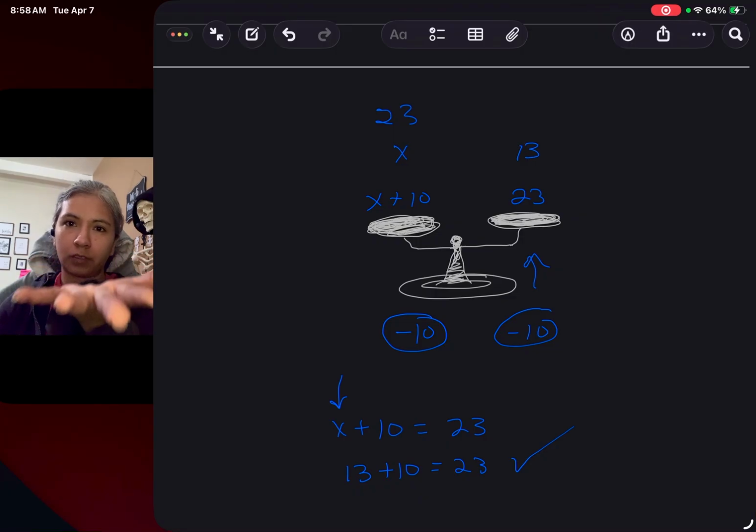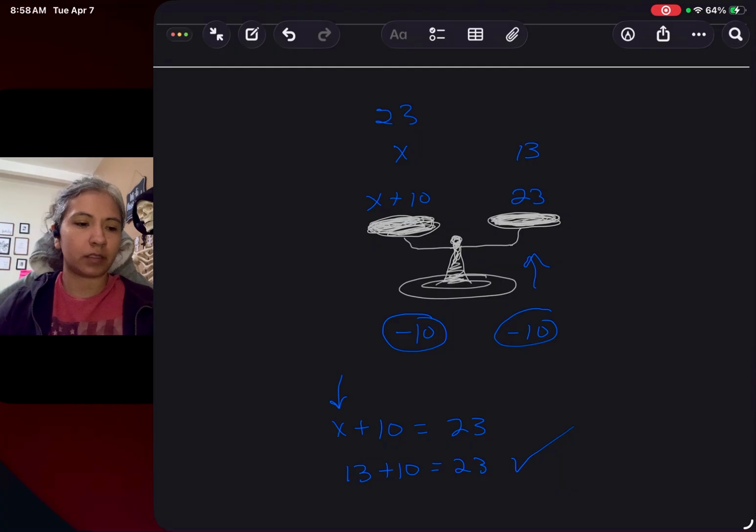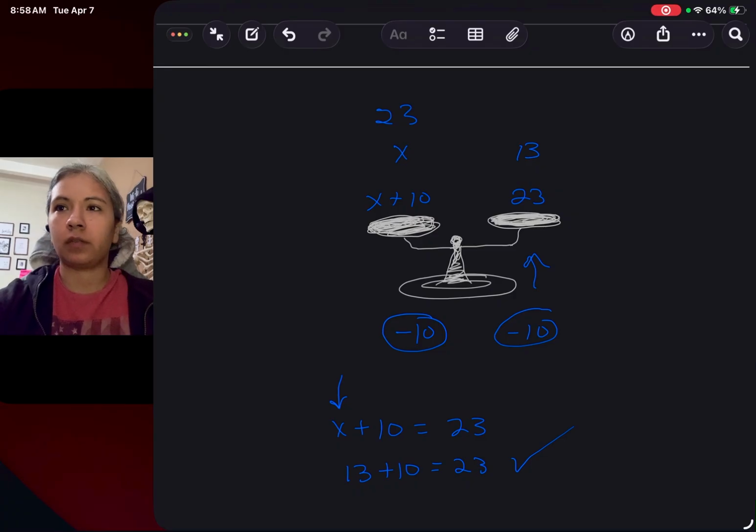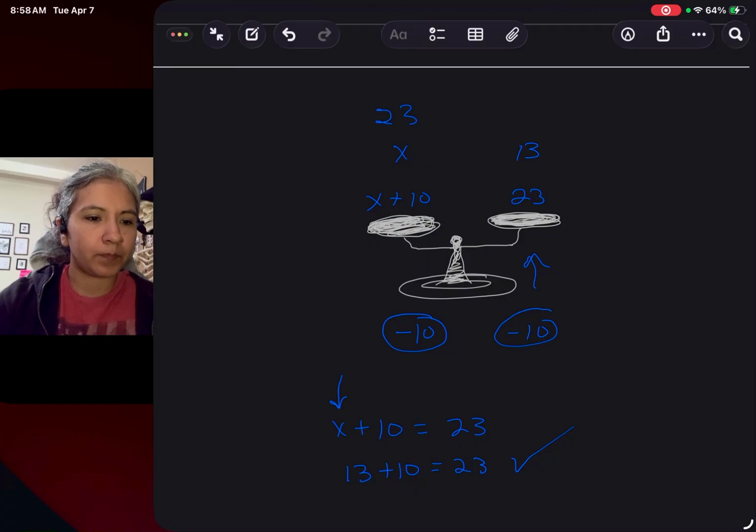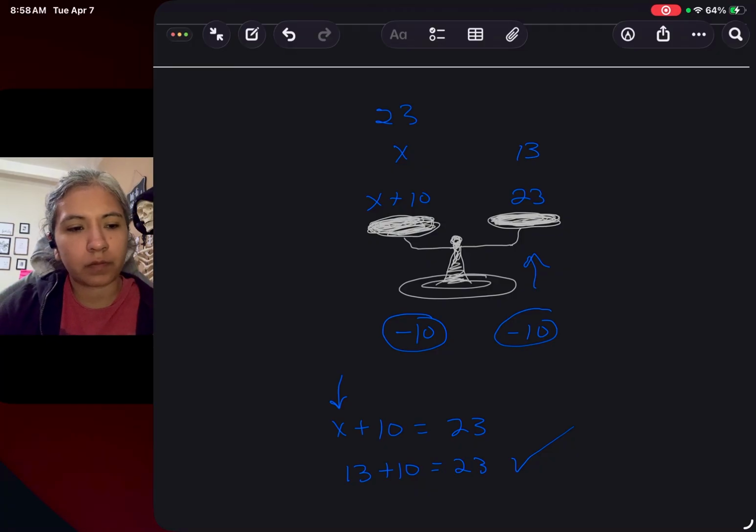So our 23 would be lower because it would be heavier, and our 13 would be higher. But we want them to be balanced and equal. Right? Okay, so our operation was subtracting 10 to get x alone. And then we plugged it back in.